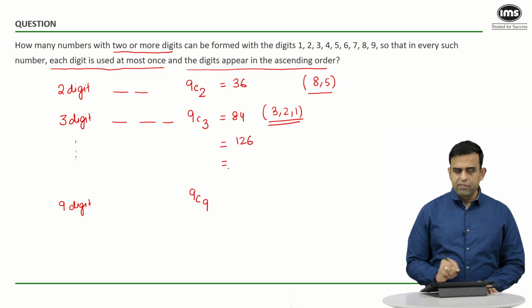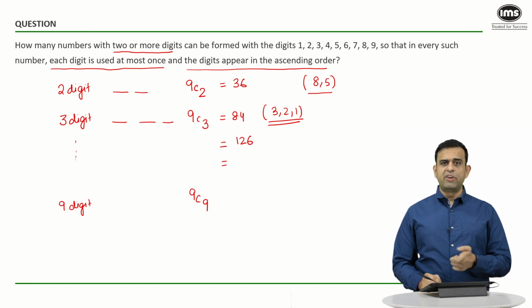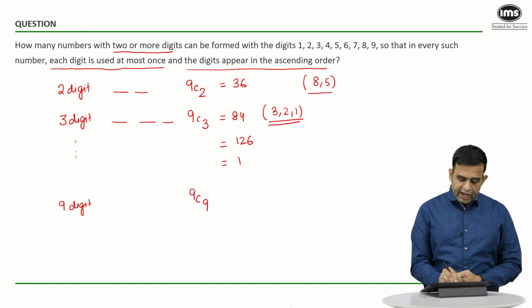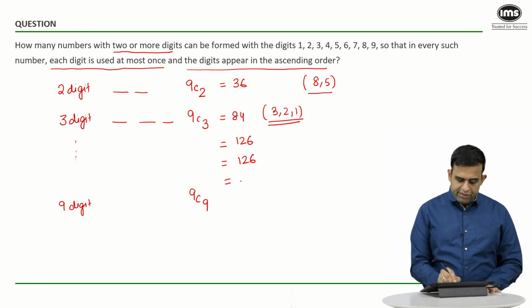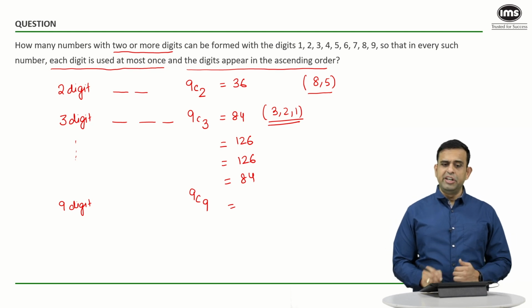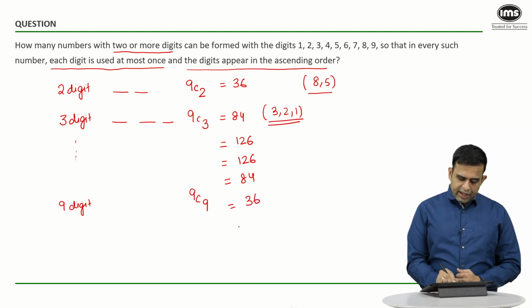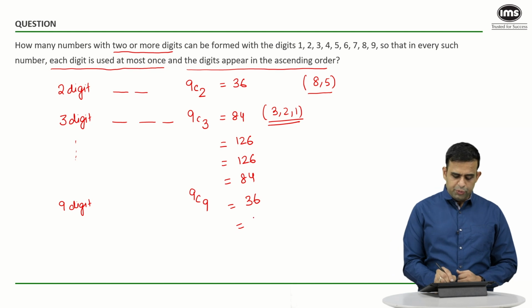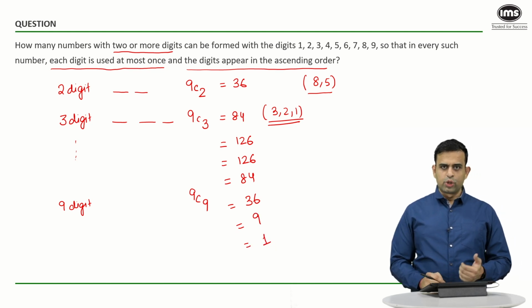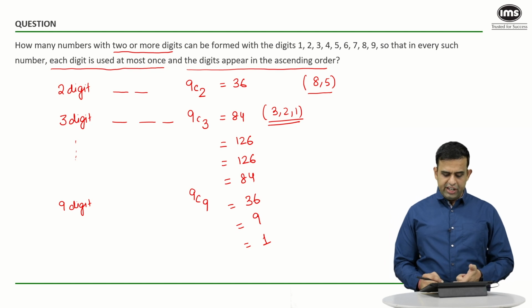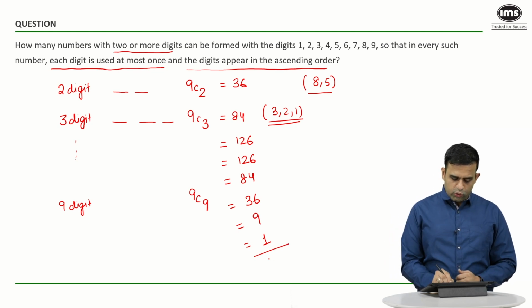Then 9C5 happens to be the same as 9C4, so again I get 126. Then 9C6 is the same as 9C3, which I know as 84. Then 9C7 is the same as 9C2, which is 36. Then 9C8 is the same as 9. And 9C9 happens to be 1. So if someone adds these numbers 36, 84 and so on, one gets a total of 502, and that's my answer for this particular question.